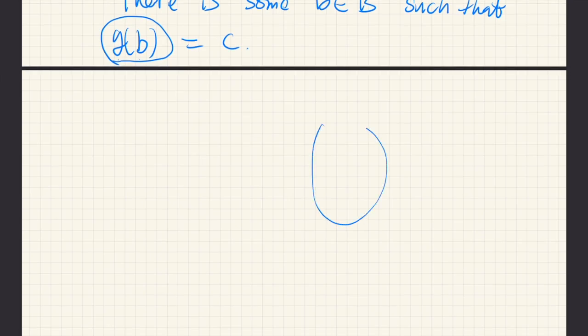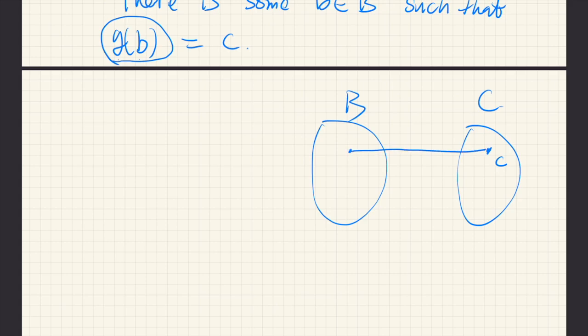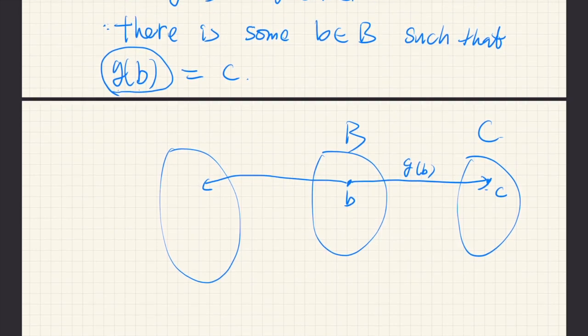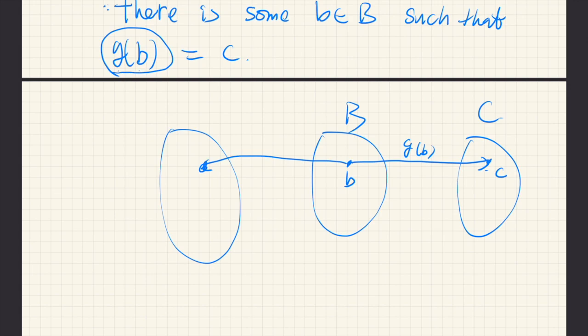So let's see. We have B and we have C, and for any element in here, there exists some element in B such that g of b is this one. Okay. Now, for this element b, we can say that there exists some element in A such that f of a is equal to this element.